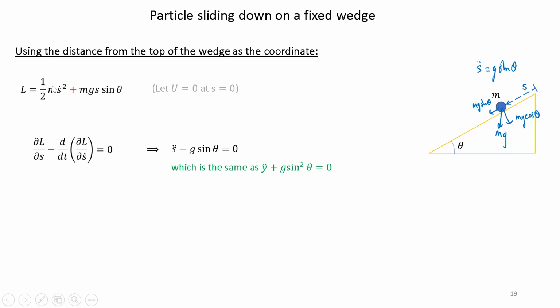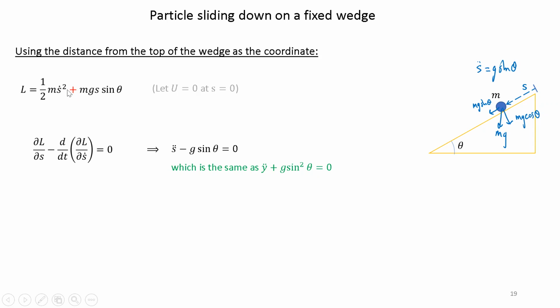Okay, but here again, let me go through it quickly. Now I have this Lagrangian in terms of s, not in terms of y. Then my kinetic energy is just half m s dot squared. And then the potential energy is now written as mgs sine theta with a minus sign.